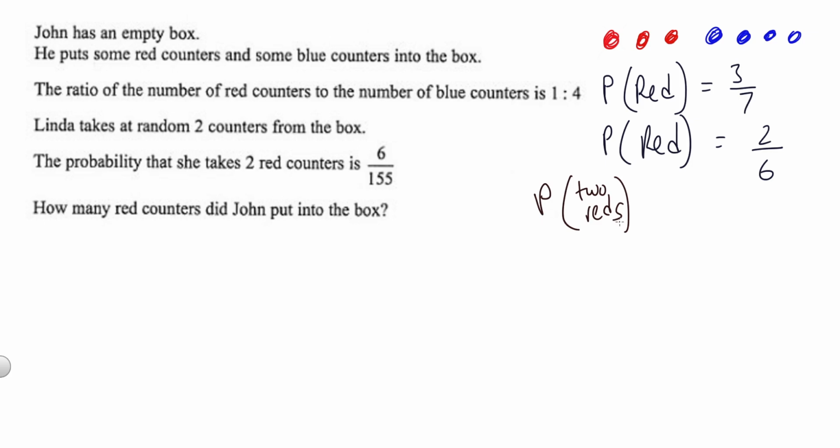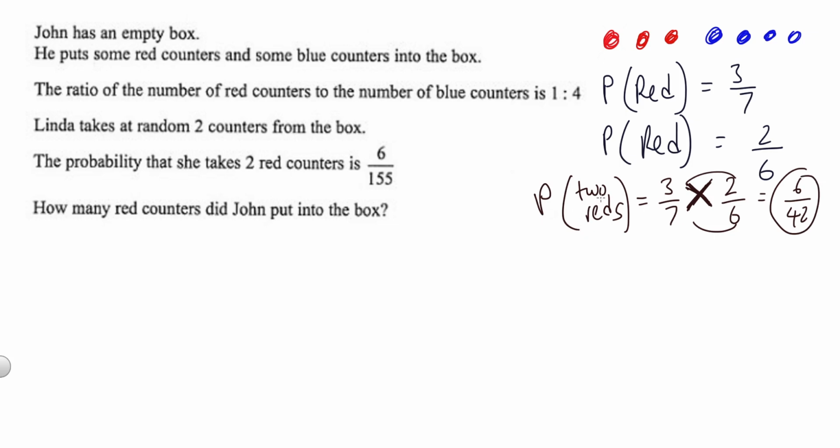So what I do is I take the 3/7, multiplied with the 2/6. That will give me 6 out of 42. 3 times 2 is 6. 7 times 6 is 42. Right, that answers that question.